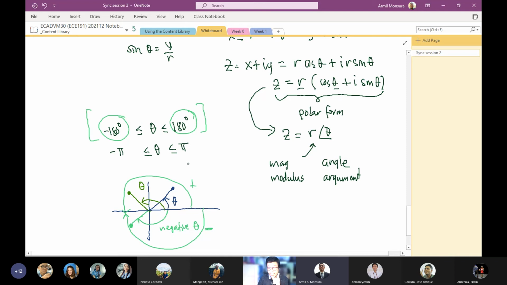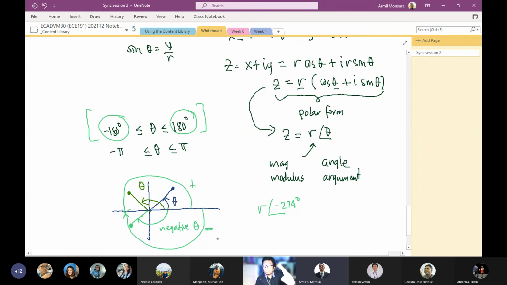If your angle is greater than those, pag mas malaki siya doon, it means it has an equivalent angle that is within this range. For example, meron kayong binigay na angle na R bar angle, sabihin natin negative 274 degrees.